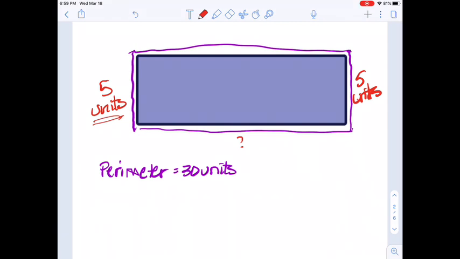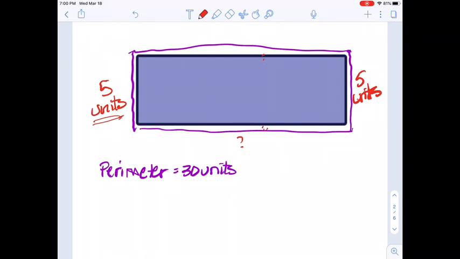Okay, now what else do I know? Well, I know the distance around the figure is 30 units. What do I know about these two sides? This is a rectangle, so these two sides must be the same length. Okay, that could help me.